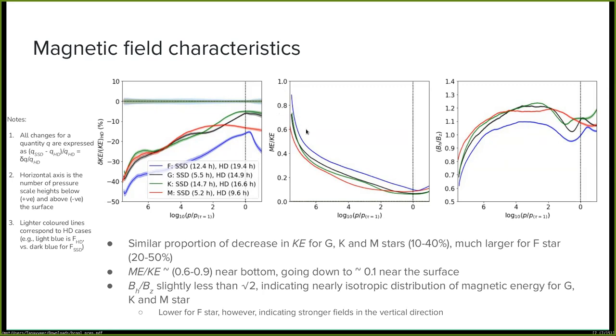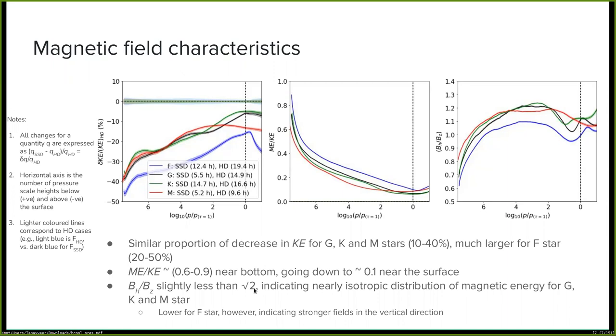Since we're looking at 3D simulations, another interesting thing to look at would be the ratio of horizontal RMS fields to vertical RMS fields. And here is a plot for that. Here you see for the GK and M star, the ratio, especially near the middle of the box, is fairly close to the value of √2, which indicates nearly isotropic.